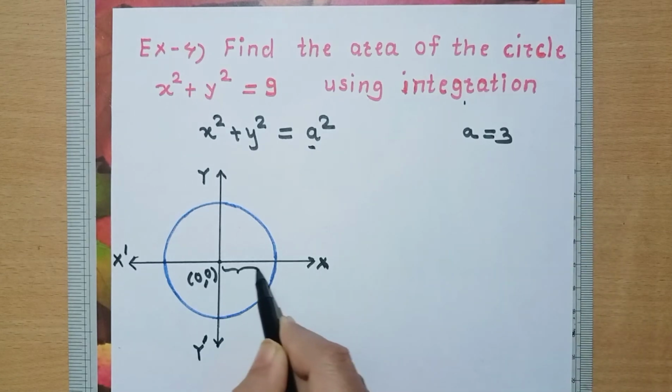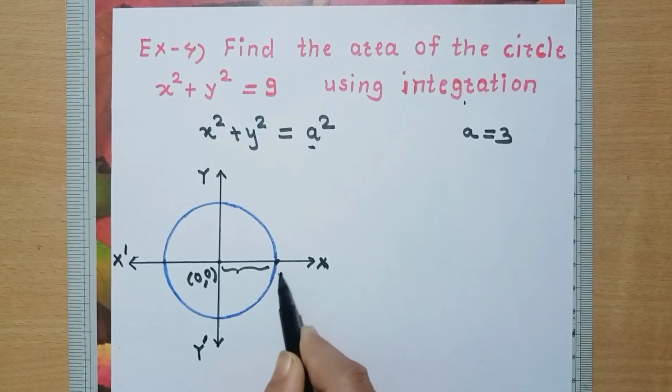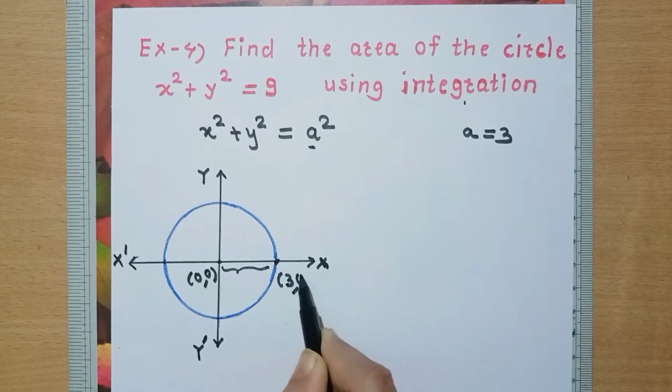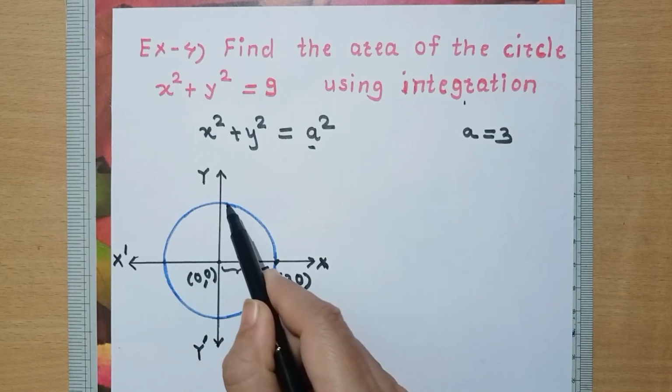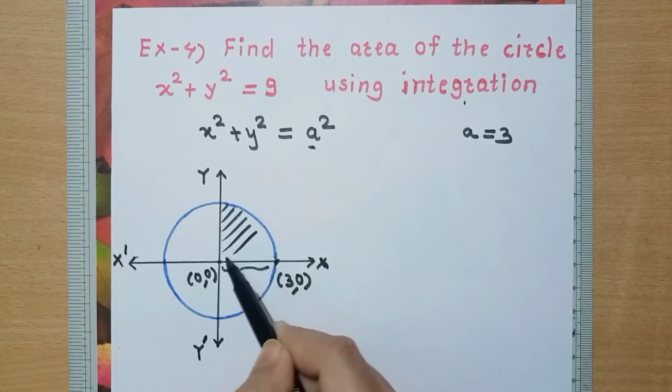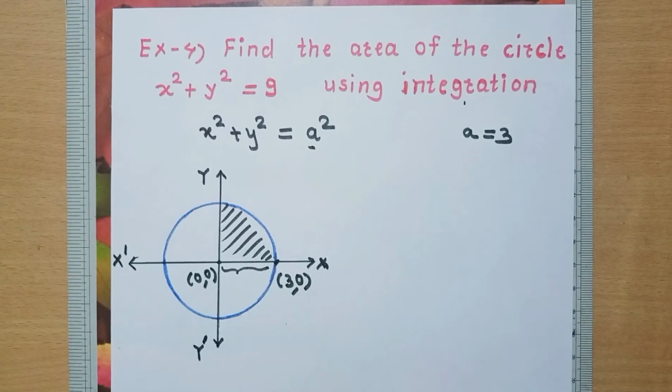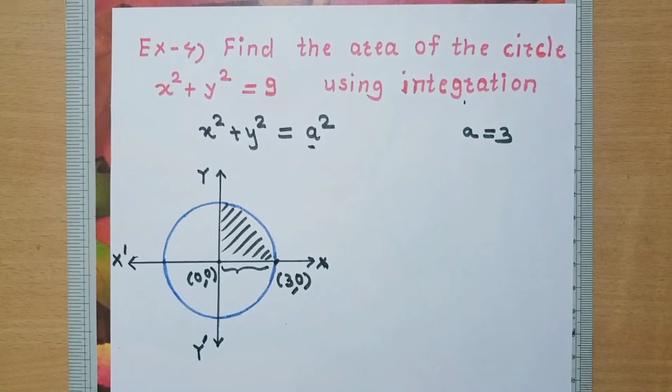So this radius is 3 and hence this point is 3 and y coordinate is 0. And we have to find out the area of the circle, but first we will find out the area of this region in the first quadrant only.